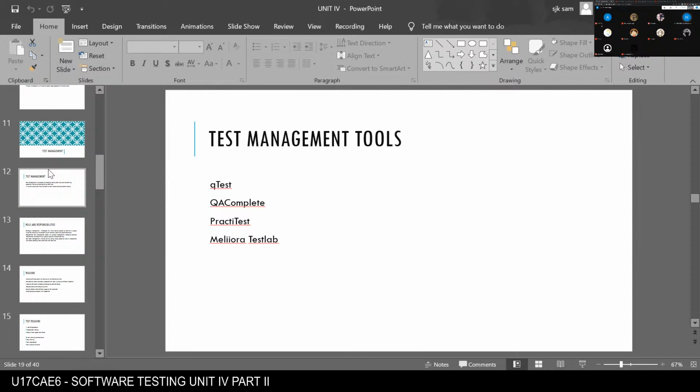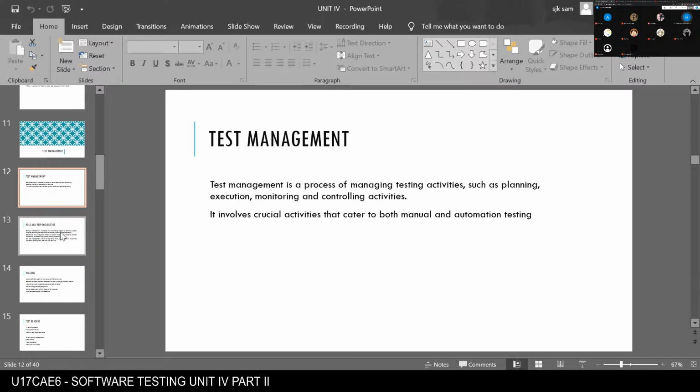This is, if I'm correct, test management. Okay, so it's managing testing activities like planning, execution, monitoring, etc. So this we saw in the previous class. So this class we are going to see about test planning. So how to plan a test.